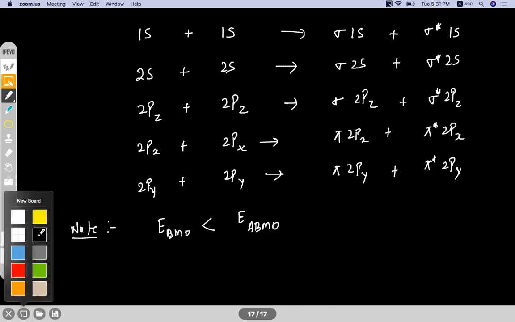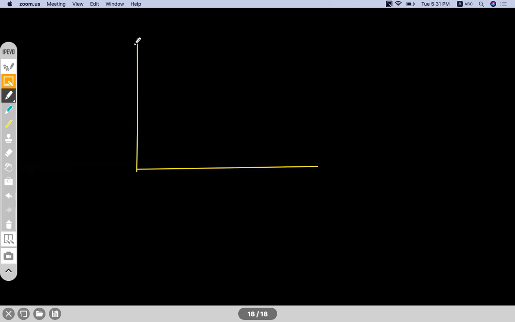Okay, but in general what we say, when you have this thing, the energy profile, if you see, for bonding and anti-bonding, suppose this is the energy axis we have, y-axis, and suppose 1s combines with 1s.